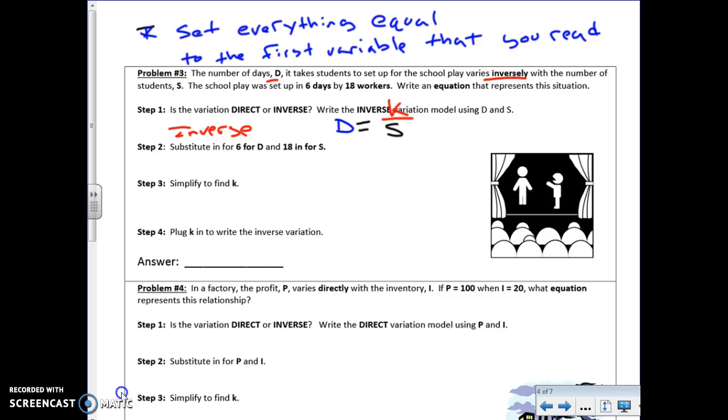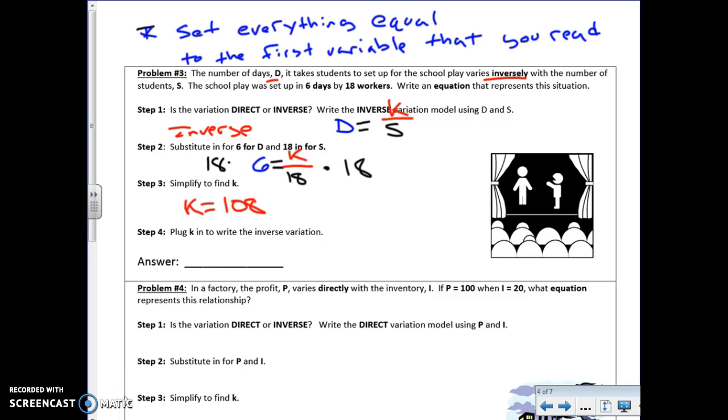Now we're going to substitute in 6 for d, so we're going to say 6 equals k divided by 18. Now to simplify to find k, we're going to multiply both sides by 18. And that will get k by itself.